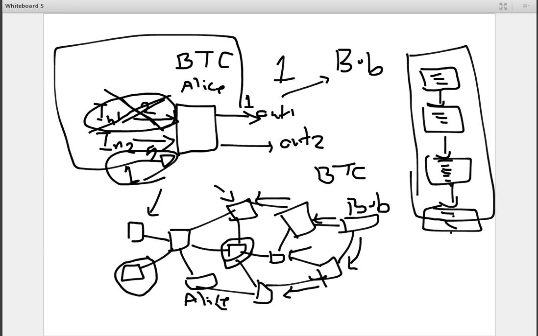What's required for a person to create an account on the blockchain? Nothing. It's a very good question.